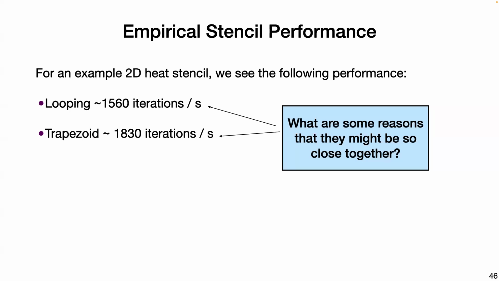Yeah, that might be one of the reasons. Recursion overhead is probably not responsible for the entire difference, because in matrix multiply, you could see that the recursive version is much faster than the looping version, but it contributes.